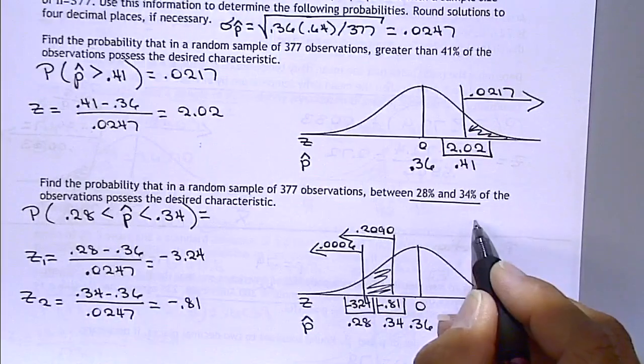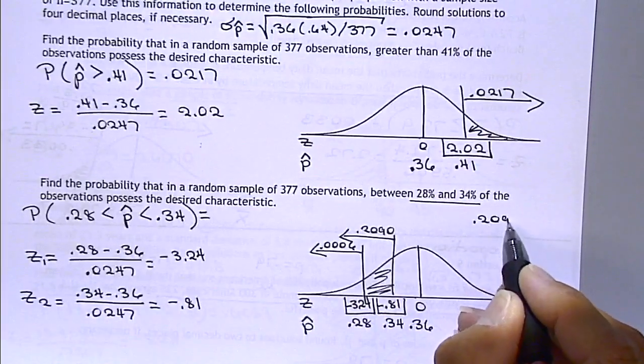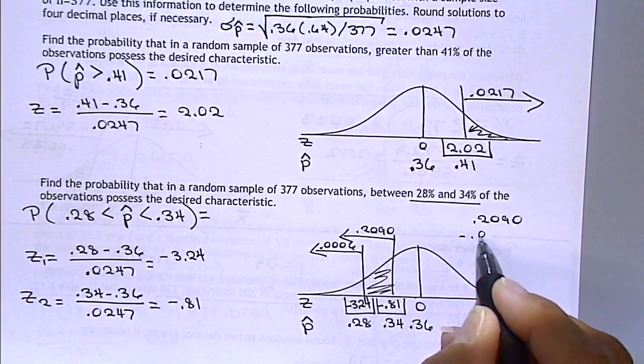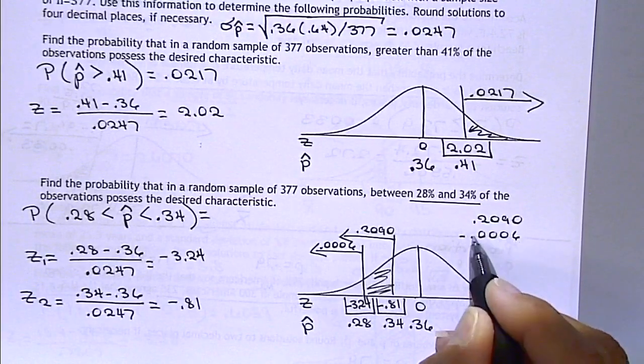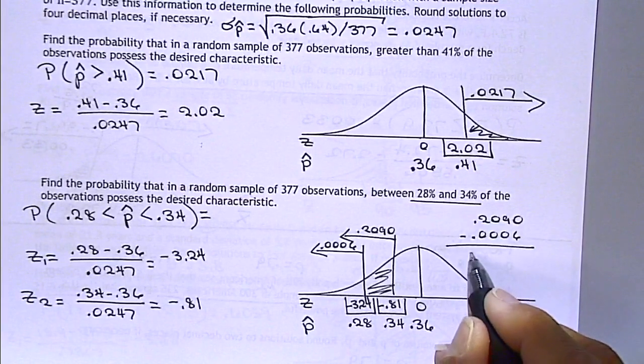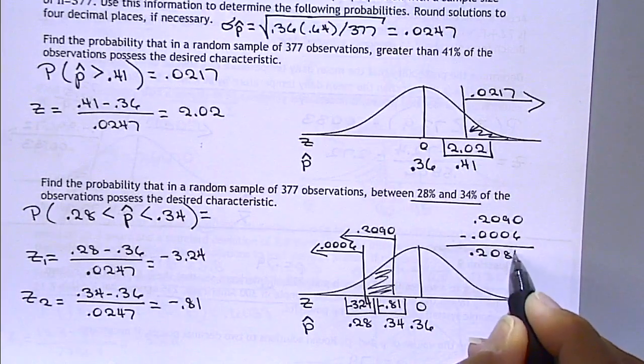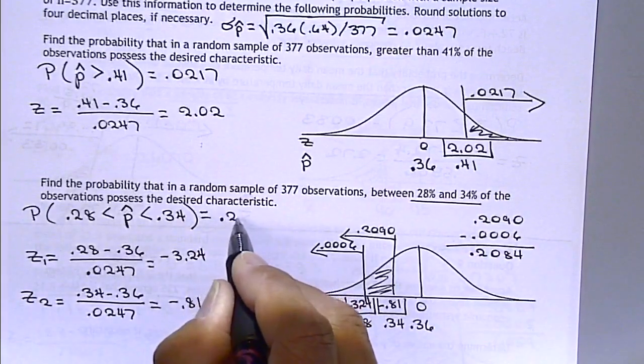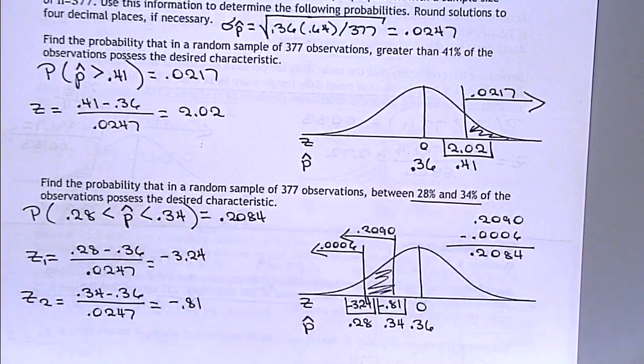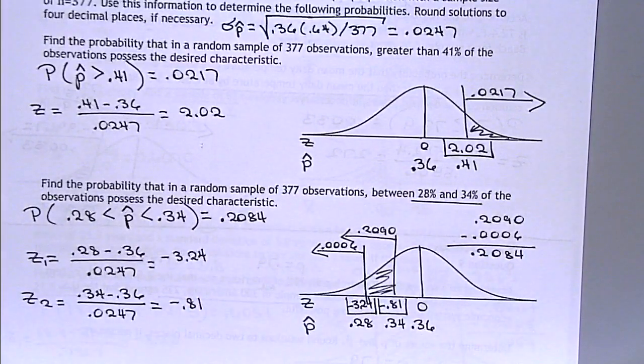The only way to do this is subtract the bigger one minus the smaller one. And you get an area 0.2084. And that's your answer. That's the area between two z-scores. It's not really too much of a shortcut for doing that one, okay?